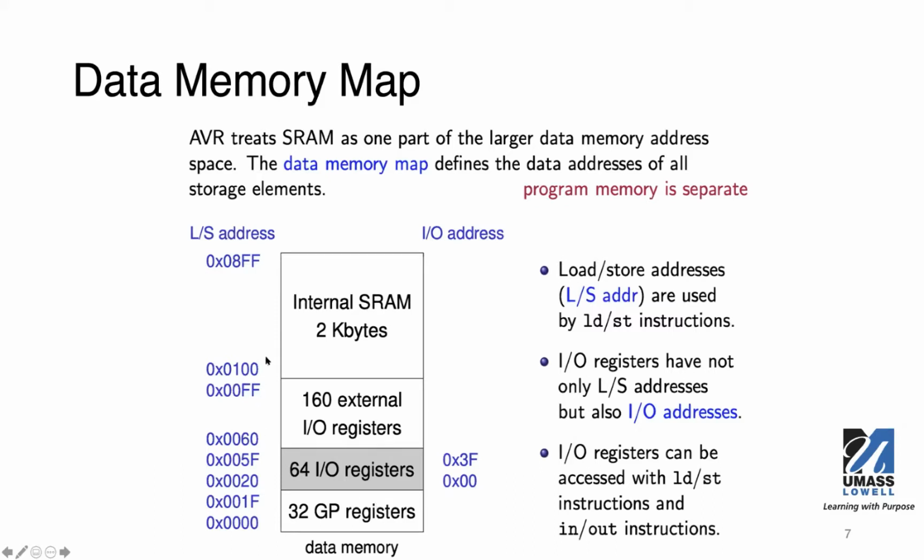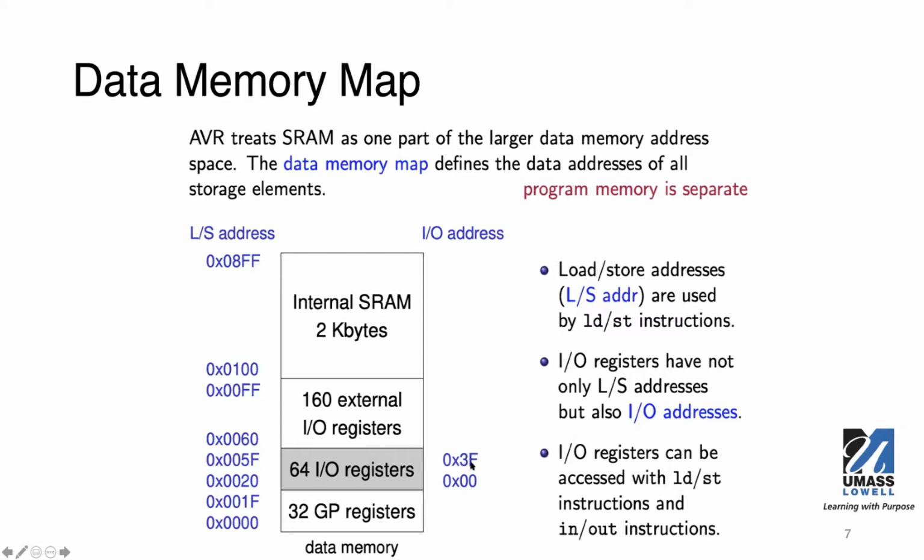For the 64 I/O registers here, these registers not only have these load store addresses, they also have I/O addresses. You can use I/O instructions to access these I/O registers. But in that case, you need to use the address range from 0 to 3F.